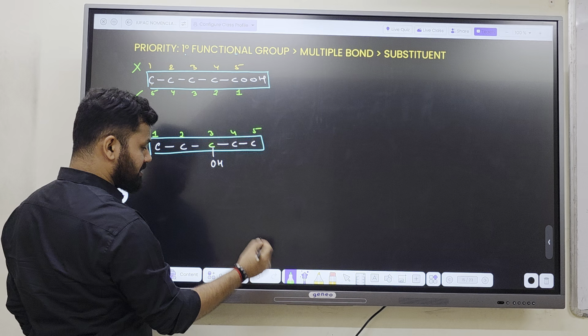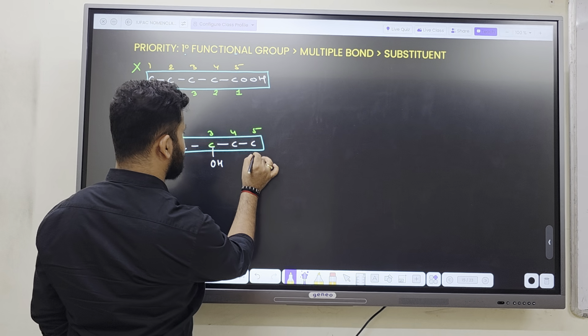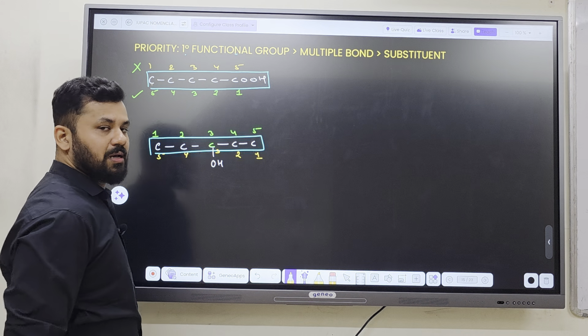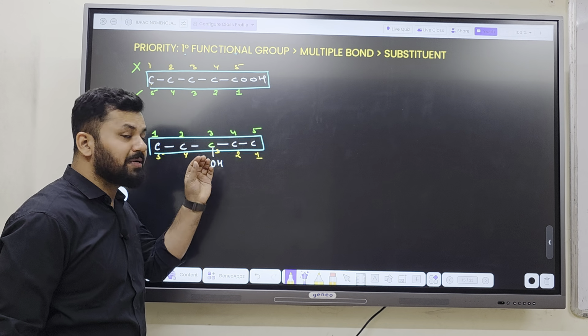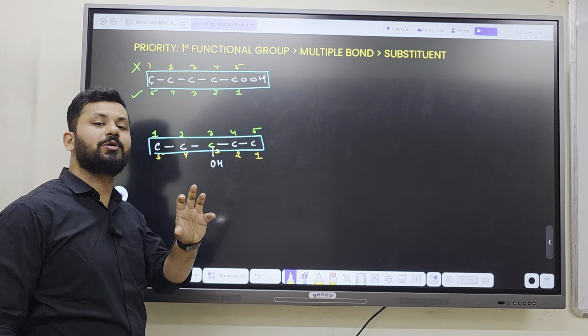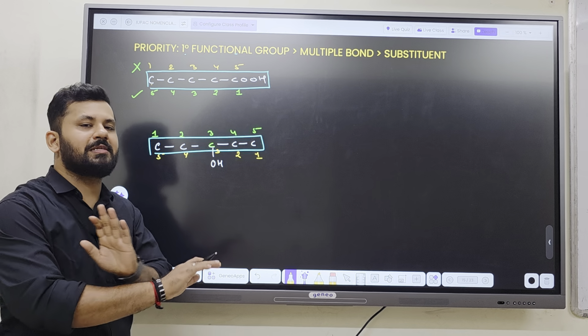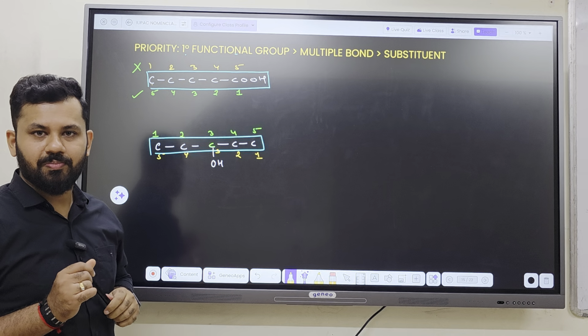But if I come the opposite direction, 1, 2, 3, 4, 5, the number assigned to the alpha carbon is same. That means I could number this chain either from left to right or right to left. There is absolutely no problem.